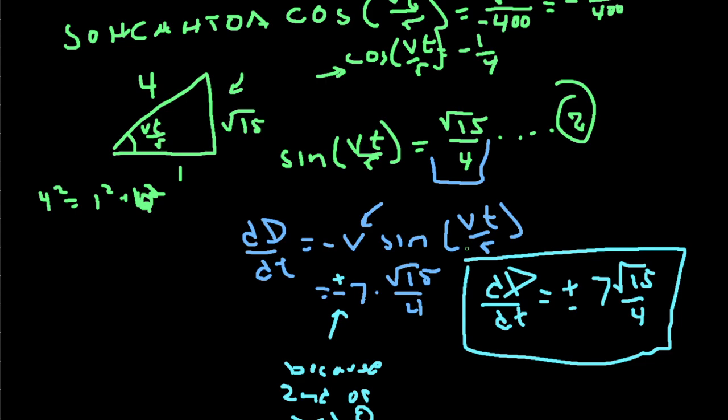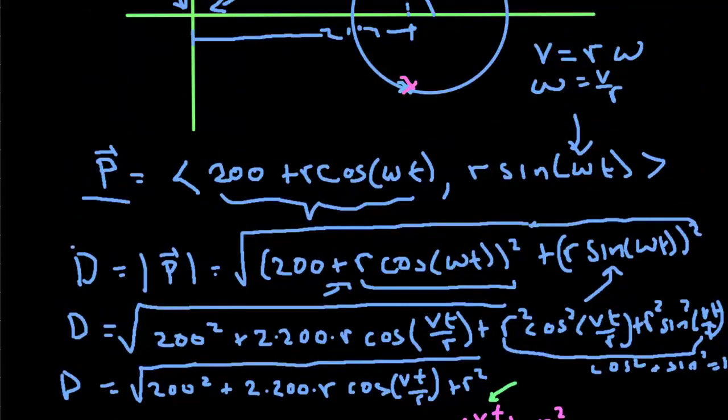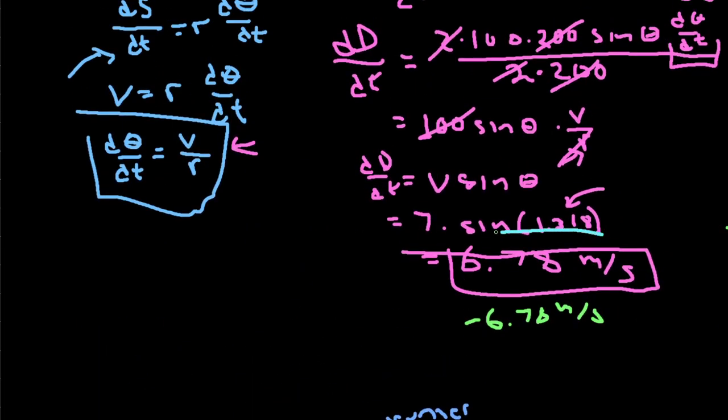So square root of 15 times 7 divided by 4, and that's going to be equal to approximately, because now we're rounding, plus or minus 6.78 meters per second, which is the same answer that we found in the previous way that we solved it over here.